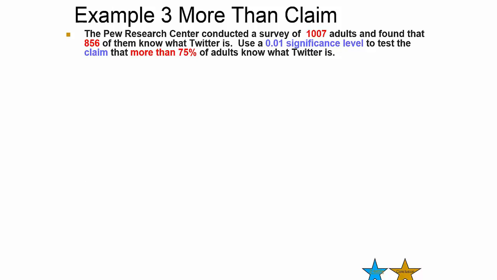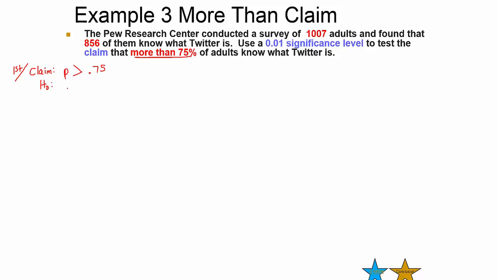So I'm going to do all of the steps of the hypothesis test right here. The first step is to set up my claim and my two hypothesis statements. So my claim is, because it's about a percentage, I use p, and it says more than 75%. So that's greater than the decimal equivalent 0.75.